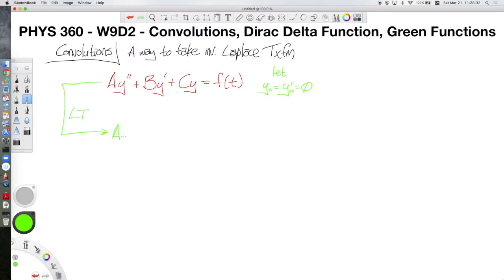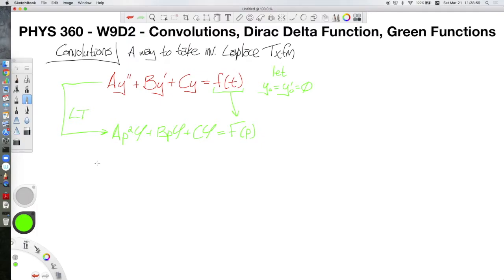So for the first term, we get a times p squared times big Y, where big Y is the Laplace transform of little y. For the second term, we get b times p times big Y, then c times big Y equals some function capital F of p, where this function capital F of p is the Laplace transform of f of t.